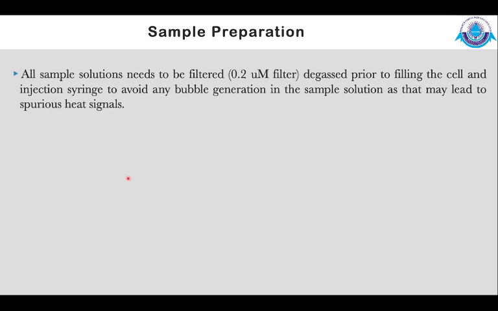They also need to be degassed, to remove any dissolved oxygen or air that might be present during sample preparation, because dissolved gases and particles can lead to the generation of air bubbles, and that could lead to the formation of heat spikes, because this method is highly sensitive and all these samples need to be in perfect condition. Any irregularities in sample preparation can have a significant effect on the data interpretation or the experimental measurements.